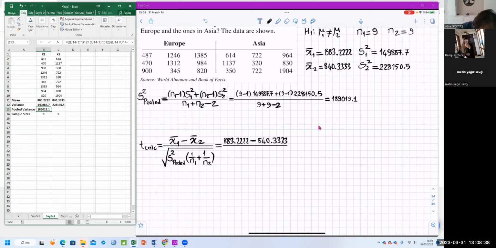The pooled variance is 189,019 times the reciprocal of 9 plus another reciprocal of 9. This is within the square root.